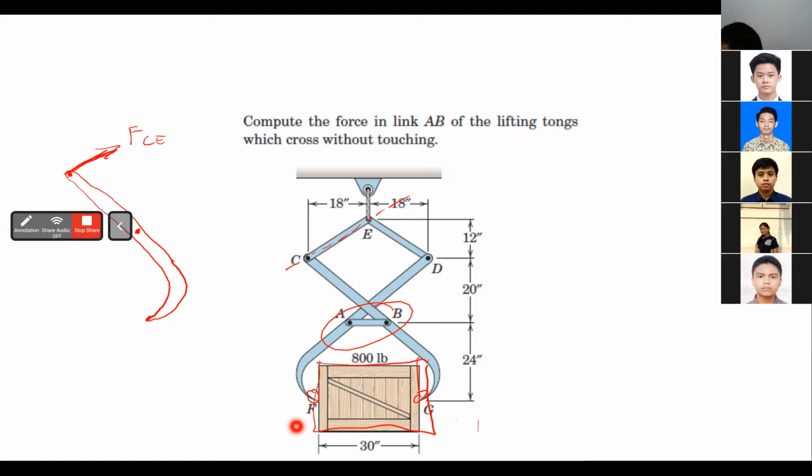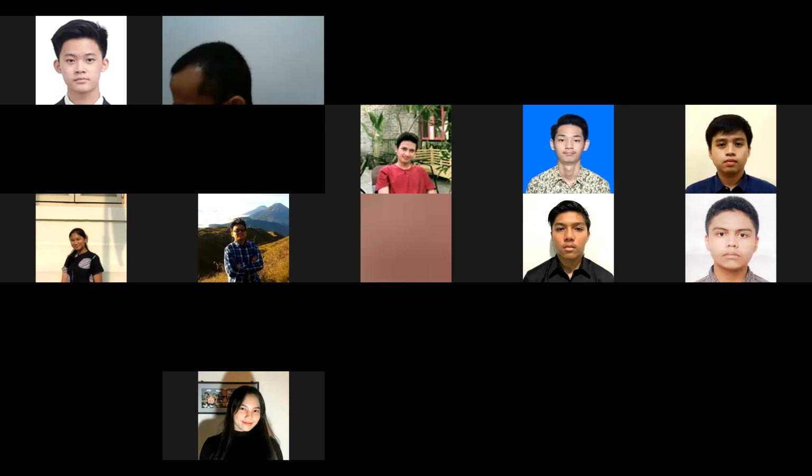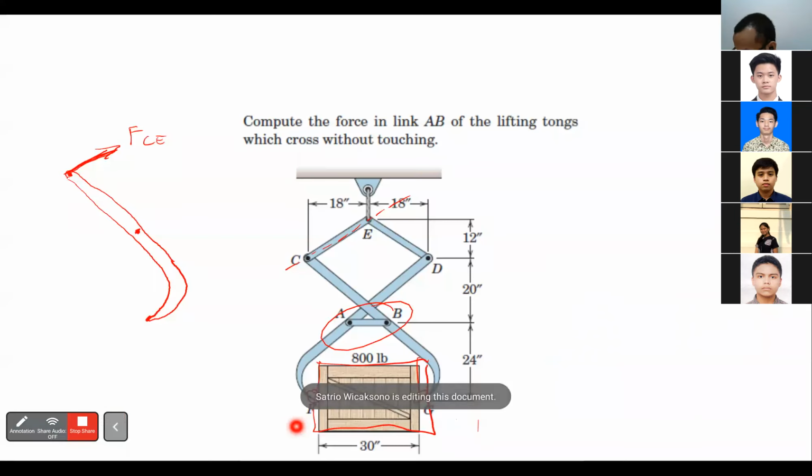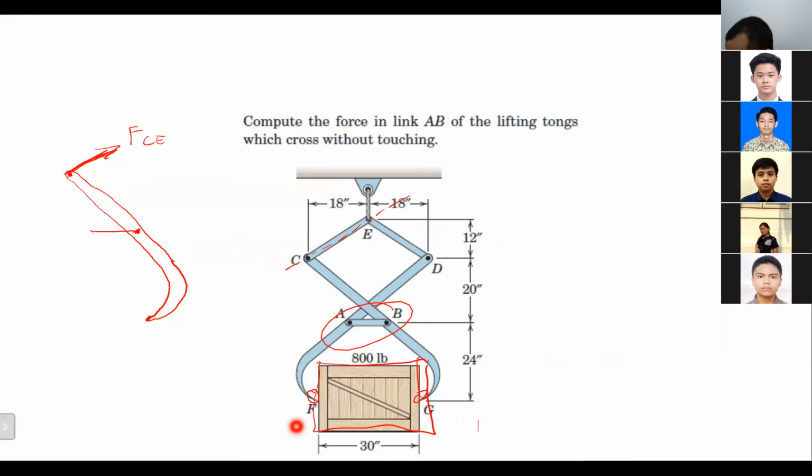Okay, we put it here. At B, tension as well, so going to the left. Tension, F_EB. What else? Friction at G.